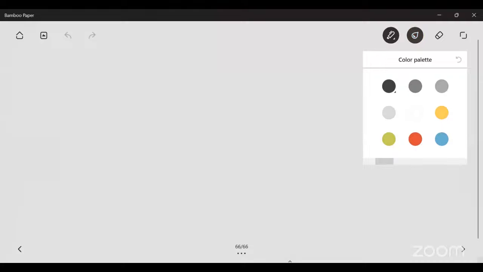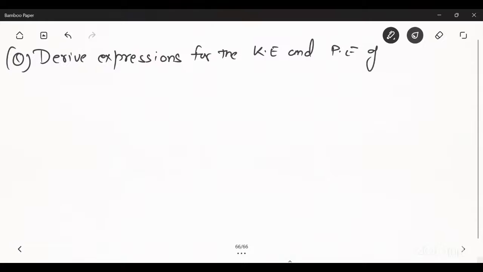Now the next question, a long answer type question, is: derive the expression for the kinetic energy and potential energy of a simple harmonic oscillator.